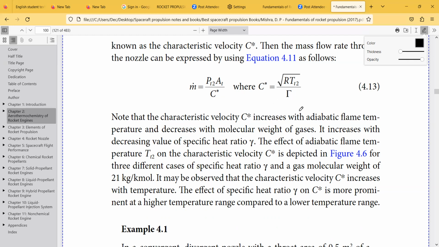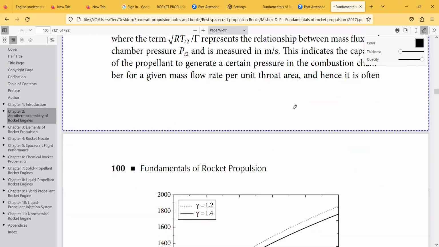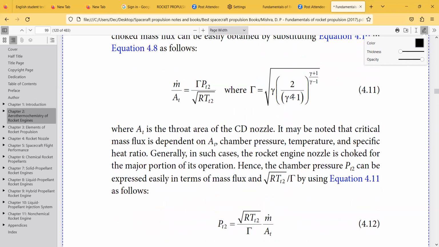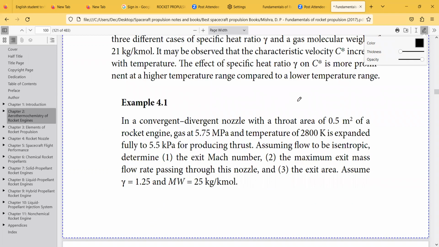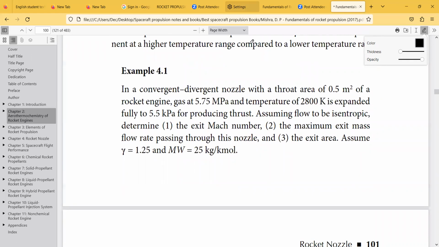Why? Because the specific heat ratio is related to this symbol, so it is just a function of specific heat ratio here. Once we discuss this, the time may not allow us, but we can add more time to have some worked example.